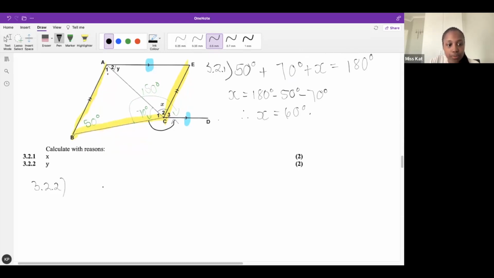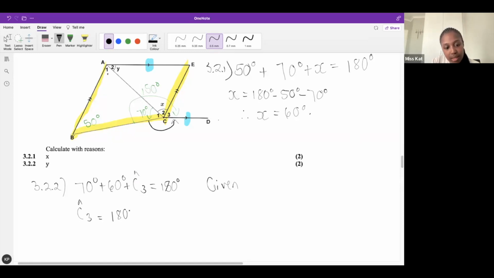So 70 degrees plus X, which is 60 degrees, plus C3 is equal to 180 degrees. And that was given, right? So therefore C3 is how much?